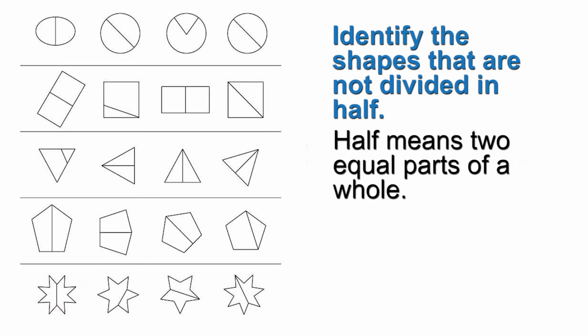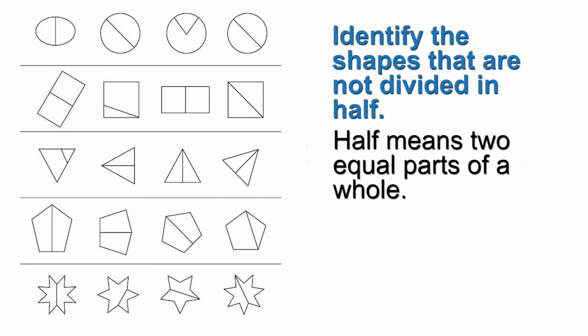Let's do another one. I want you to look on the screen and we are going to identify the shapes that are not divided in halves. Remember, half means two equal parts of a whole. So you're looking for the shapes that are not divided in halves.